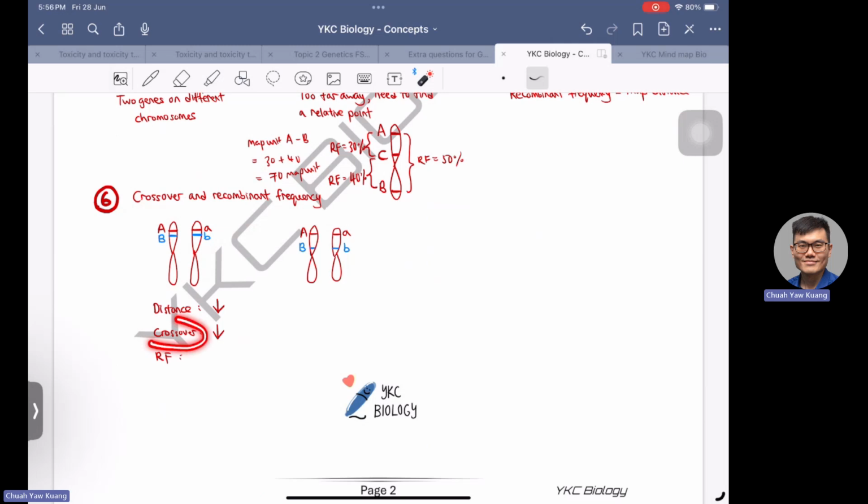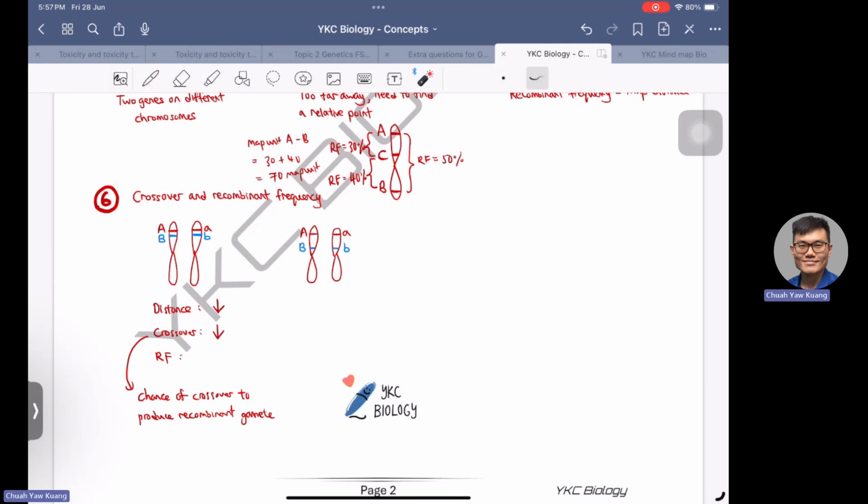So this is the chance of crossover to separate the alleles, in this case separating big A from big B and small a from small b, to produce a recombinant gamete. In other words, to produce recombinant offspring later.